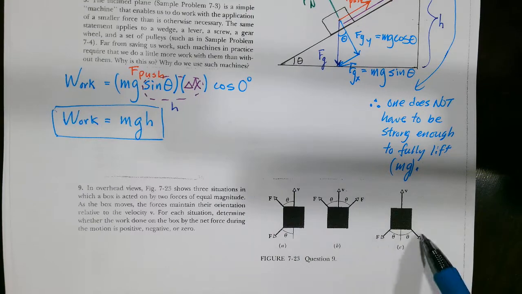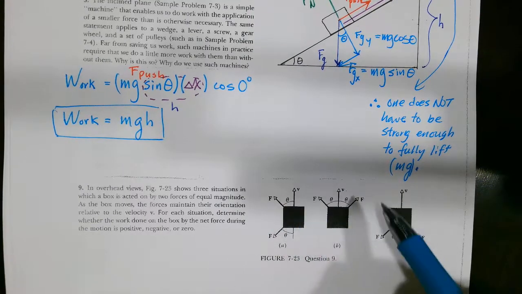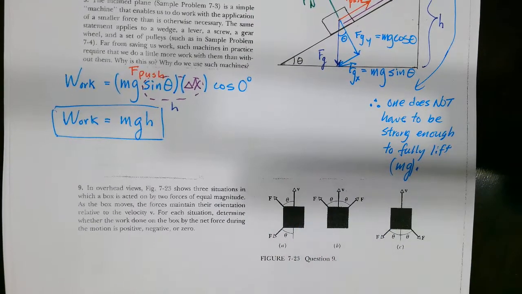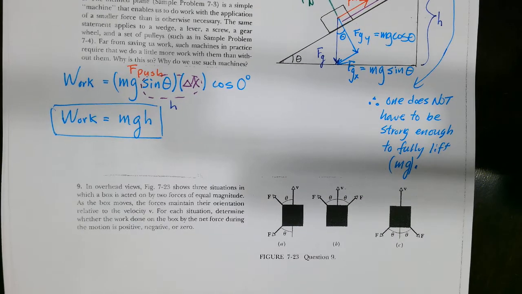This is the velocity vector, so keep that in mind. As the box moves, the forces maintain their orientation relative to the velocity v. For each situation, determine whether the work done on the box by the net force during the motion is positive, negative, or zero.